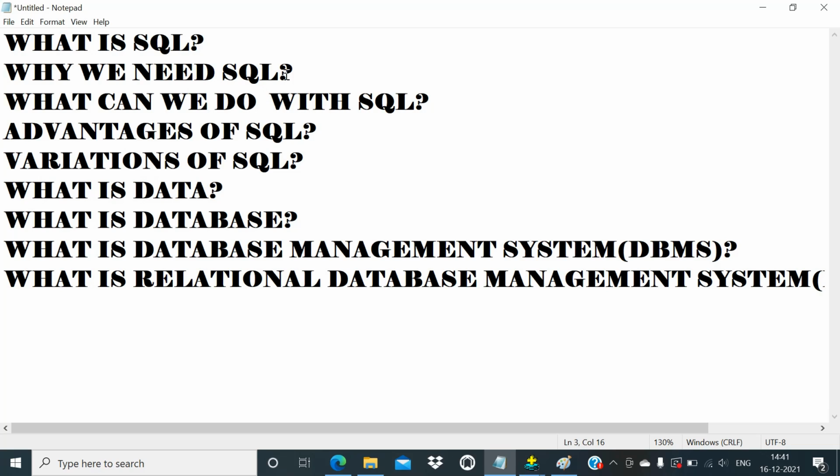As I said, why we need SQL? SQL is used to communicate with database, to update. These are all similar, but a little bit changes. So we can execute queries against a database by using SQL. We can retrieve data from database using SQL. We can also update records in a database.